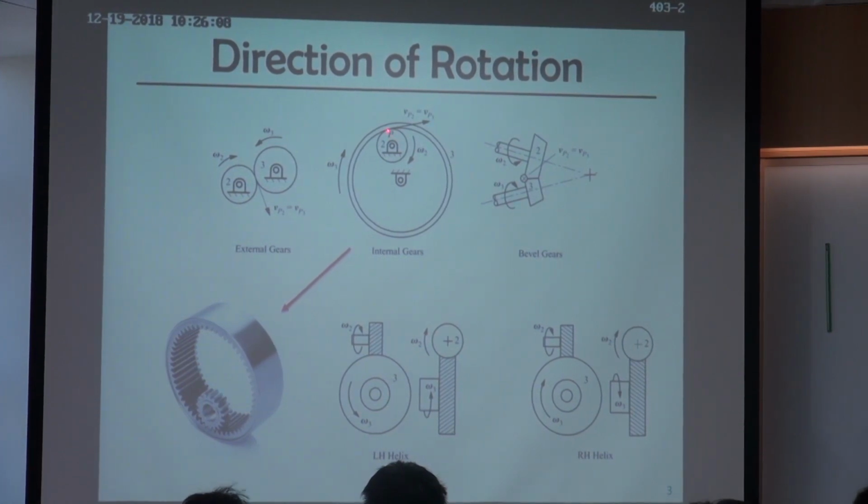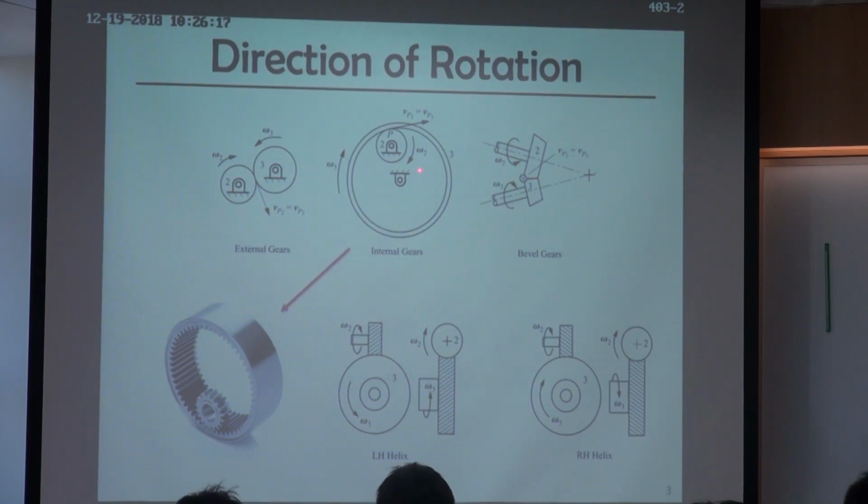So the linear velocity of this point P must be the same whether you see it as part of link 2 or link 3. But the major difference between internal gears and external gears is that if omega 2 is rotating clockwise, then the ring will also rotate clockwise. So they will rotate in the same direction.